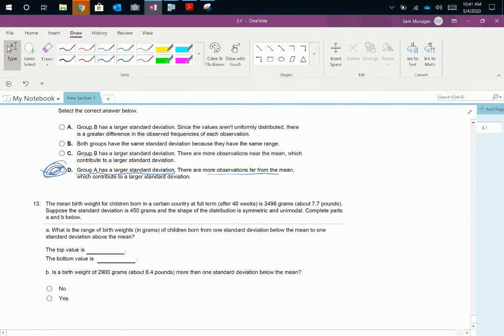Okay. Finally, question 13. The mean birth weight of children in a certain country full term after 40 weeks is 3.49. So the mean is 3.49, about 7.7 pounds in context.